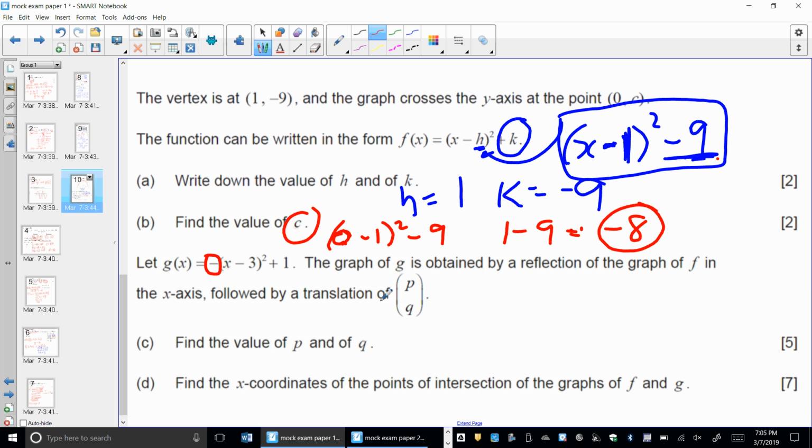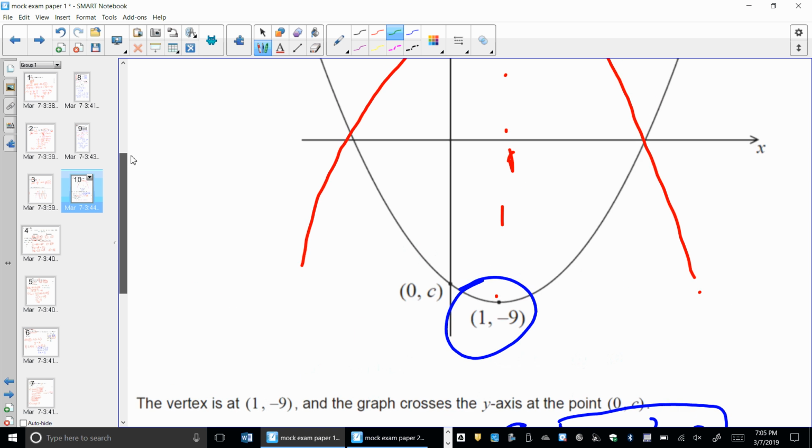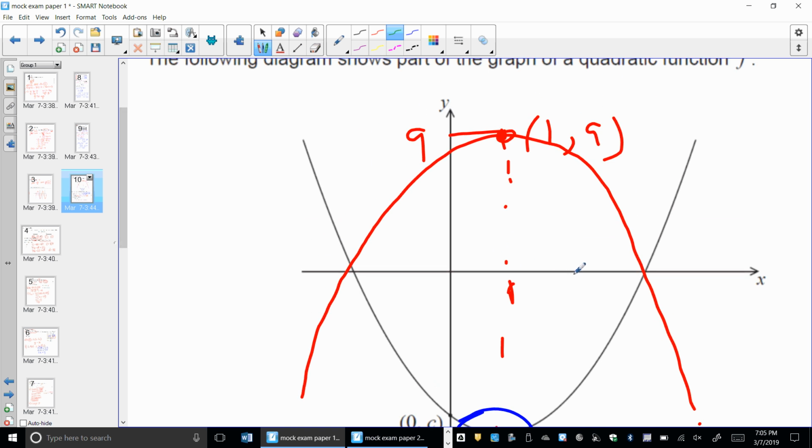It now needs to follow a translation of PQ. So we're going to end up with our vertex at the value 3, positive 1. So let's find that coordinate. So that would be 3, positive 1. 3, 1. So how have we gone from being up here to down here?